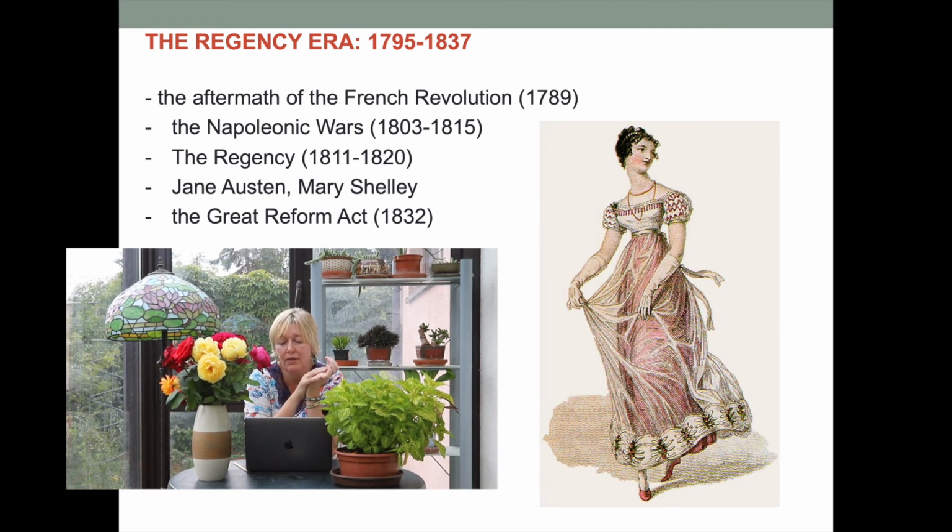So we have the beginning of the Gothic novel, which is very interesting, especially if you compare it with a rather rationalist approach of the classicists. So we have this kind of tension and undercurrent in British culture. Here we have a fashion plate, so an illustration from a fashion magazine showing a fashionable dress of the Regency period, which is at least partially inspired by classical antiquity.